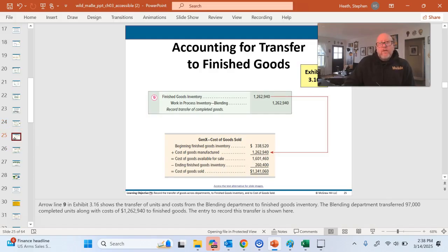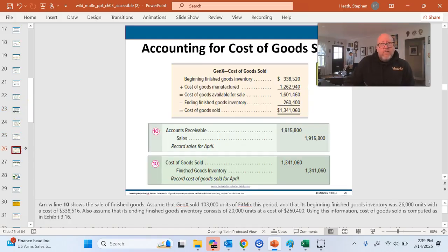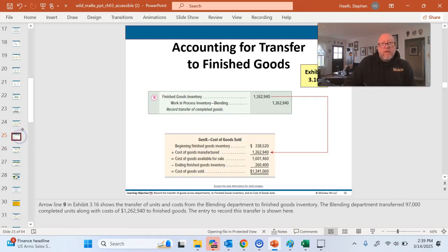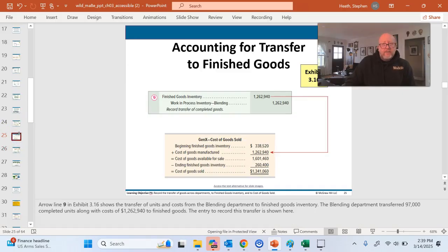And now we're transferring goods from the blending. Right now we are sending goods from blending to finished goods. Again, roasting goes to blending, then goes to finished goods.